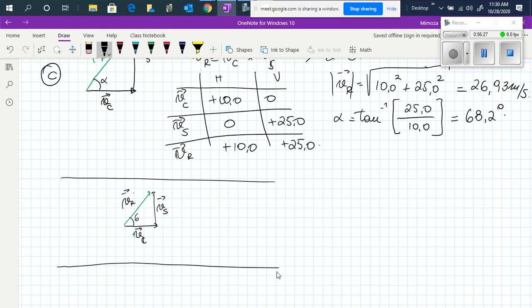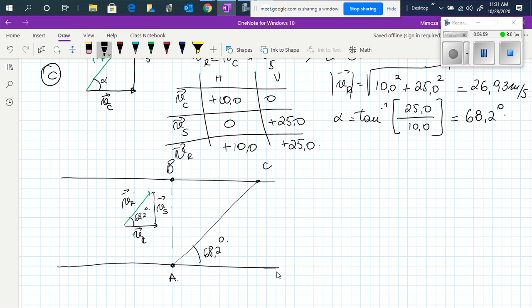And this is 68.2 degrees. Now, if you are starting at point A as a swimmer and you are heading at point B, you are actually ending up at point C, that is, with an angle of 68.2 degrees with the shore as a result of this current.